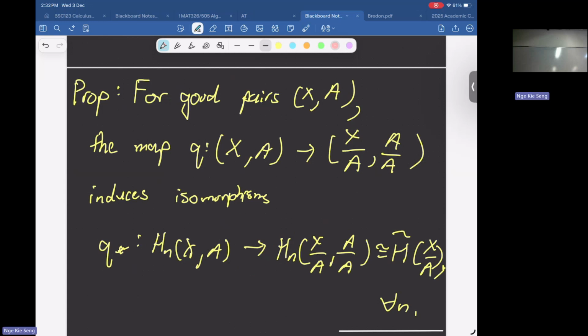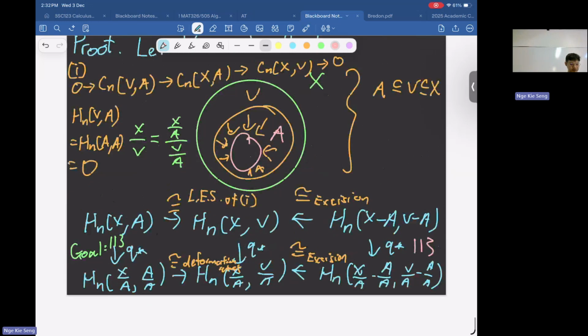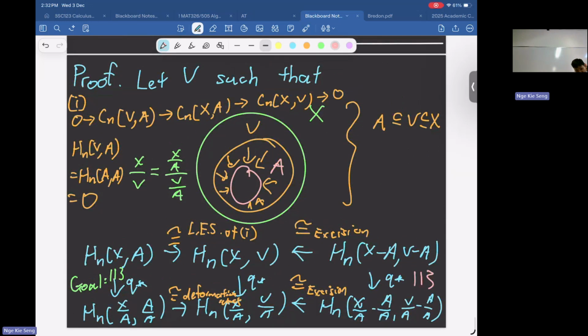This is bijective. Does it make sense? This is a quotient map, right? So you quotient things together, and outside the thing that you quotient, it gets sent to the same place. So it's a homeomorphism. So this is how you get the last isomorphism here.